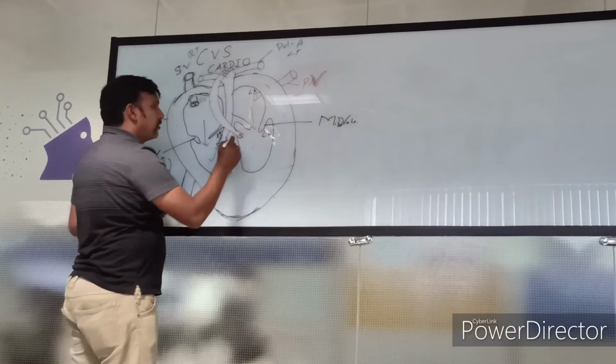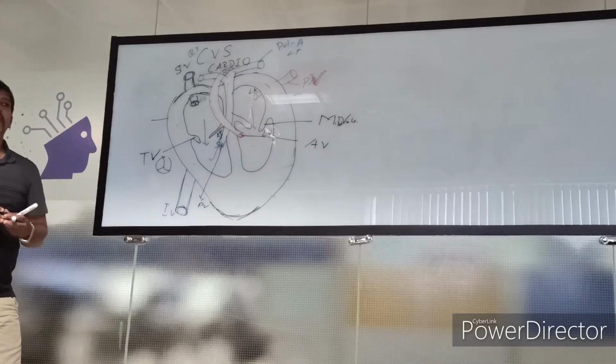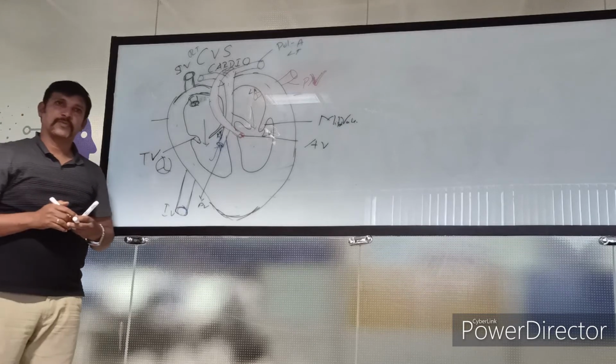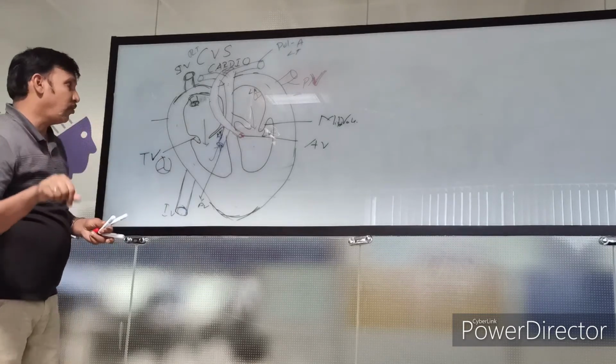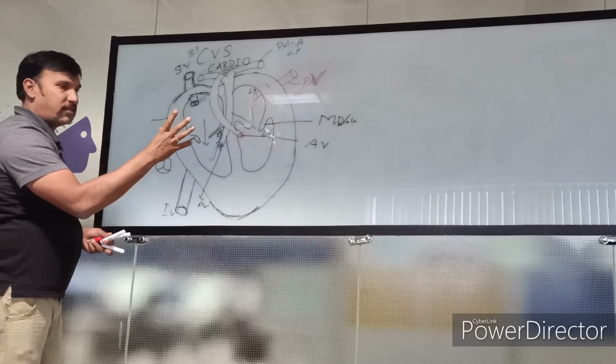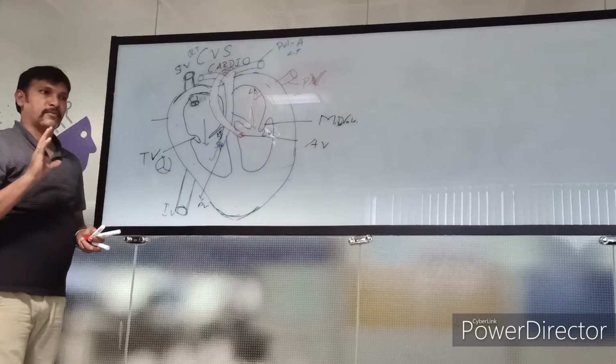Aortic valve. This one will open and then the blood gushes into the aorta. So what are the four valves for you to remember? Tricuspid valve, mitral valve, partners; pulmonary valve and aortic valve. Are we good?